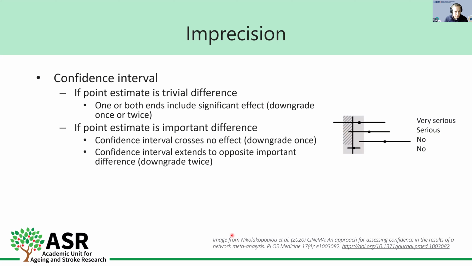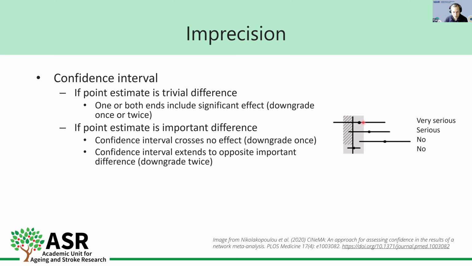So if the point estimate lies within that area of little to no difference, the trivial difference, if one or both ends of the confidence interval lie outside that, in other words, they include either substantial harm or substantial benefit, you downgrade once or twice.